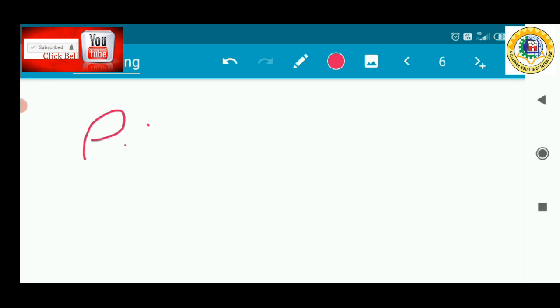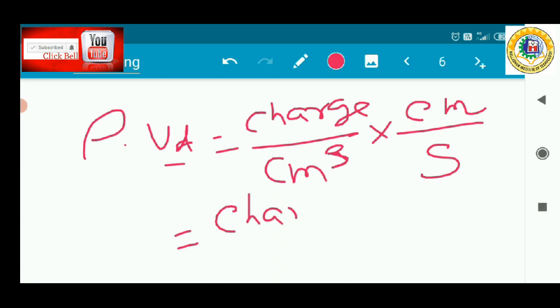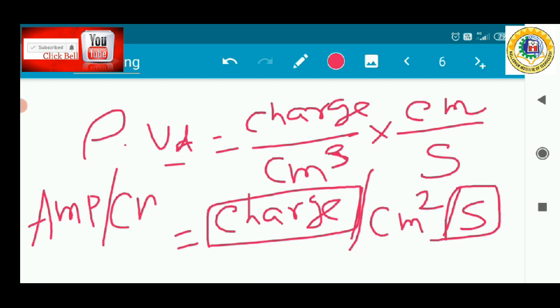So rho into Vd is charge divided by centimeter cube into centimeter per second, so charge per centimeter square per second. Also we know that the charge moving per unit time is the ampere. Okay, so that's why you can say it is ampere per centimeter square.